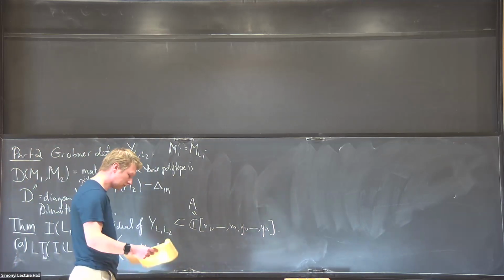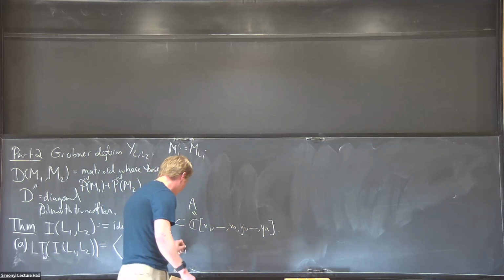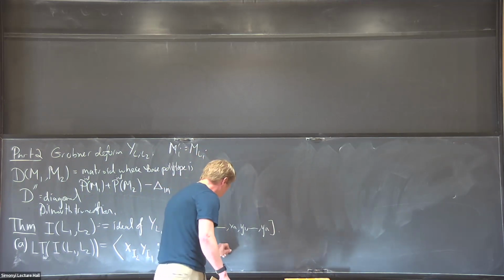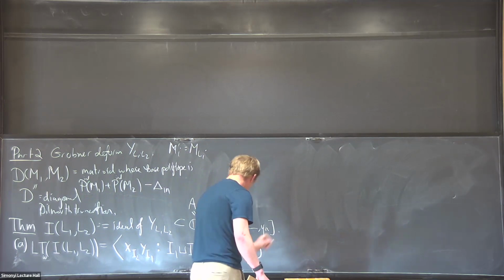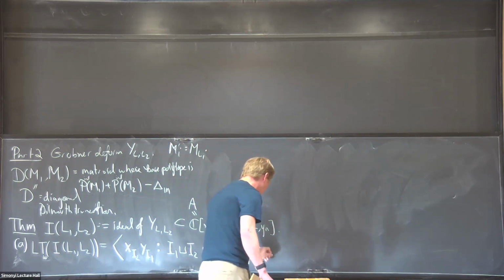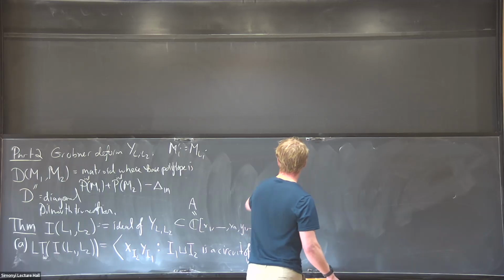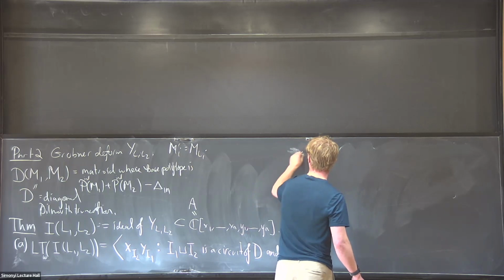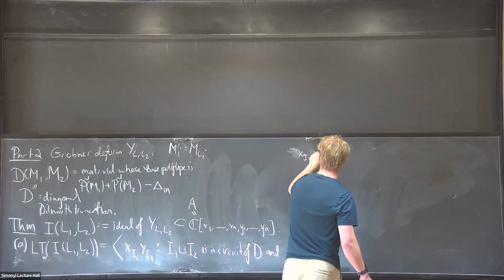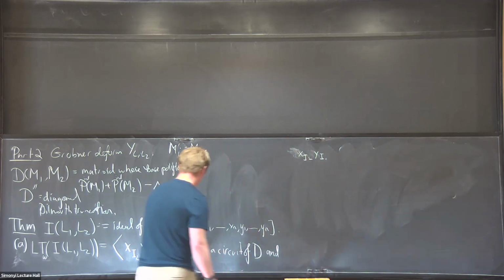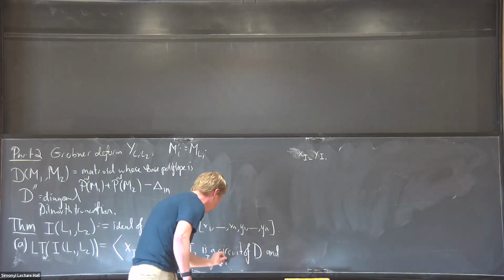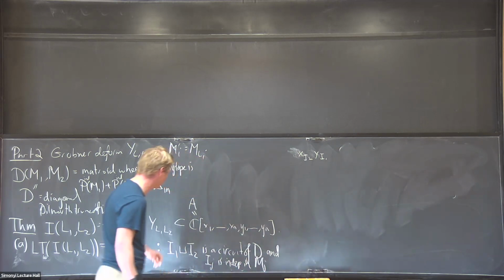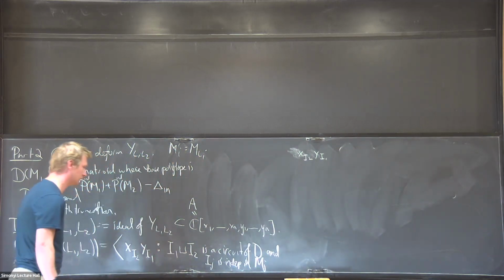And you're going to get this where I1 disjoint union I2 is a circuit of D, and I sub j is independent in M sub j. So I1 should be independent in M1, and I2 should be independent in M2.